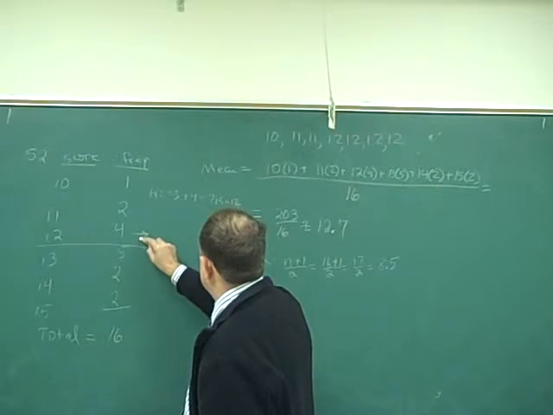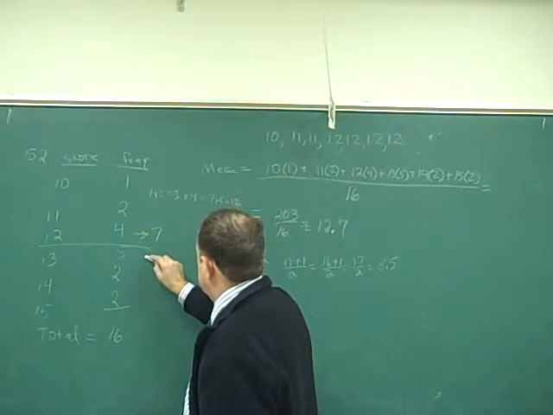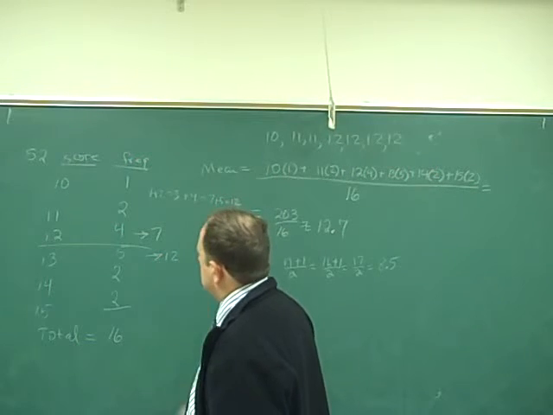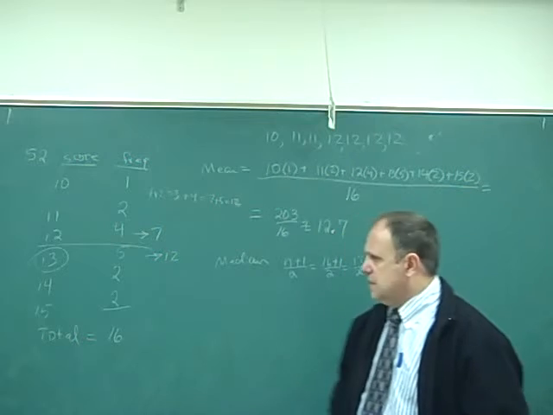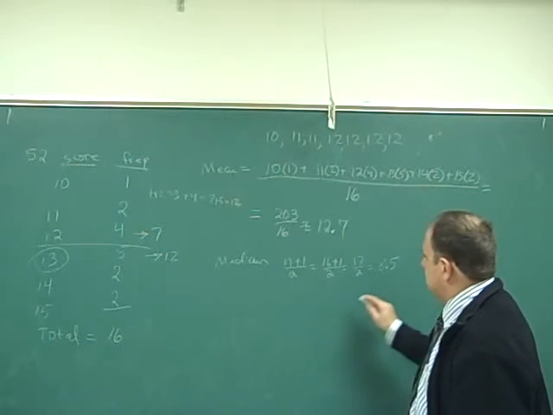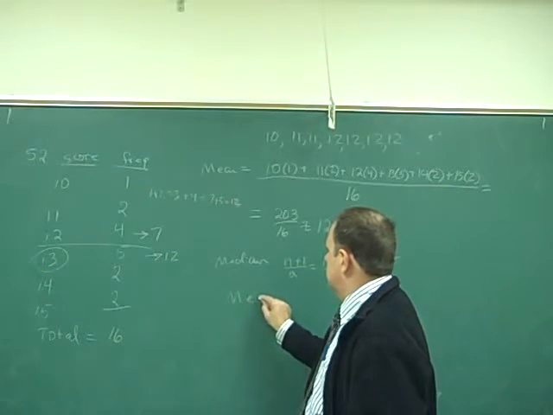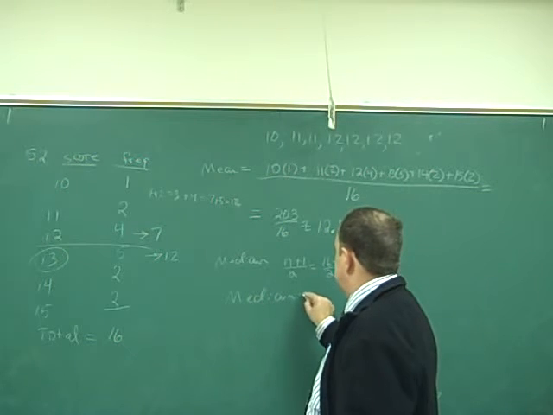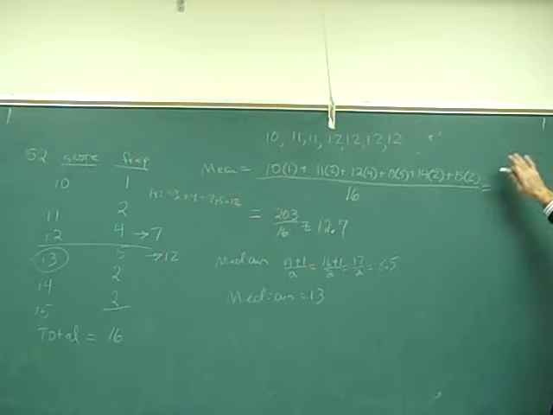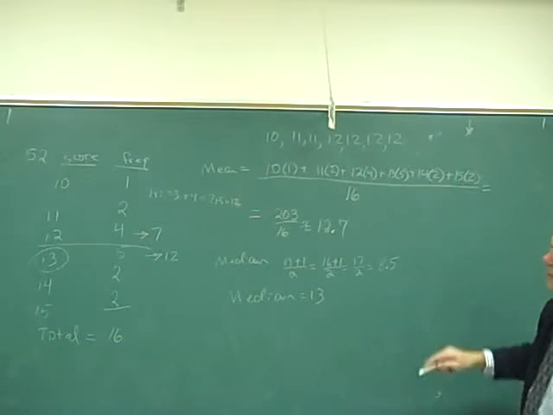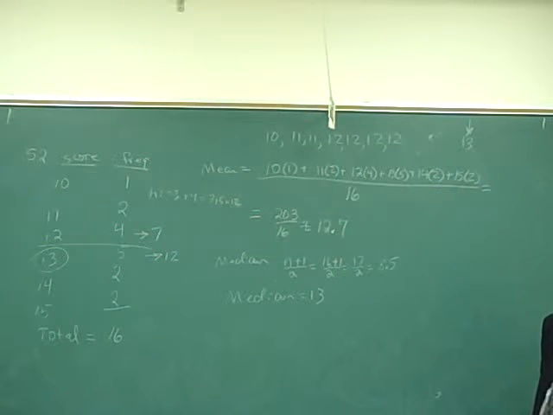Here we're at 7, and here we're at 12. So it's going to be 13, okay? So our median equals 13. Alright, so if we took all of these and lined them all up, we would get 13 is our median. Okay? Somewhere in our data set.